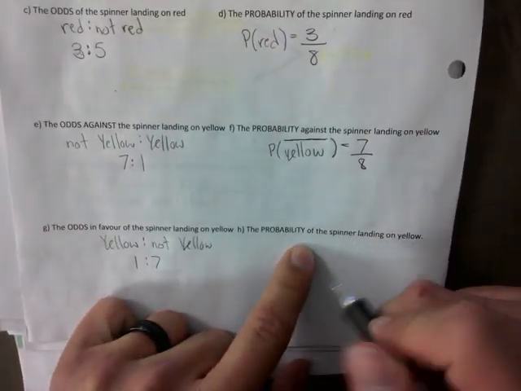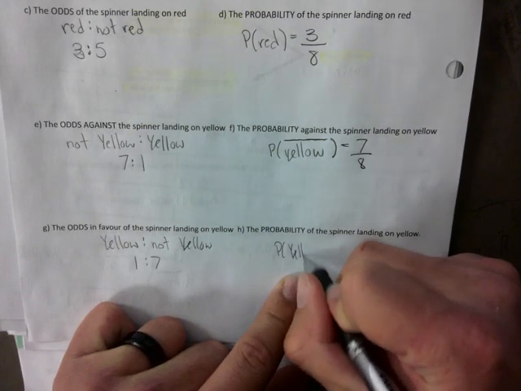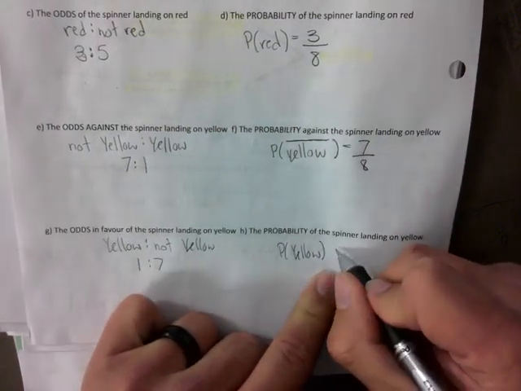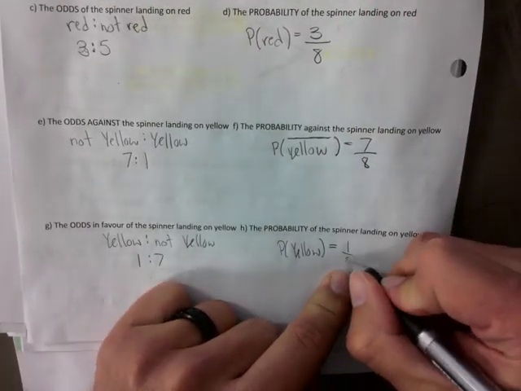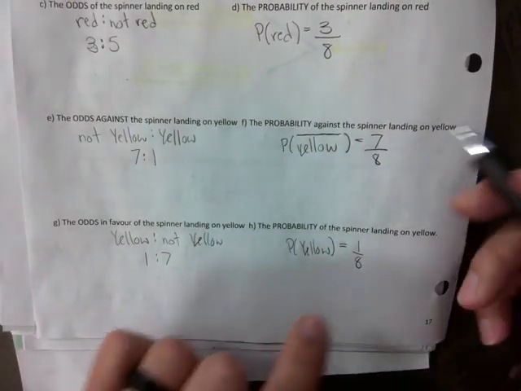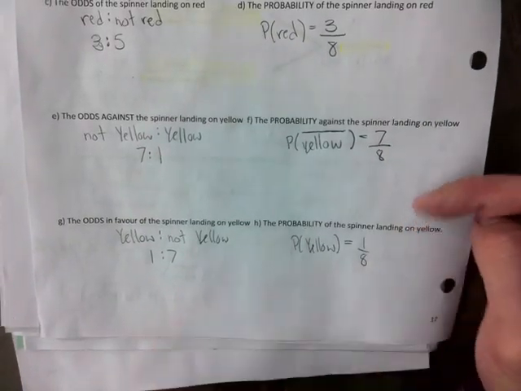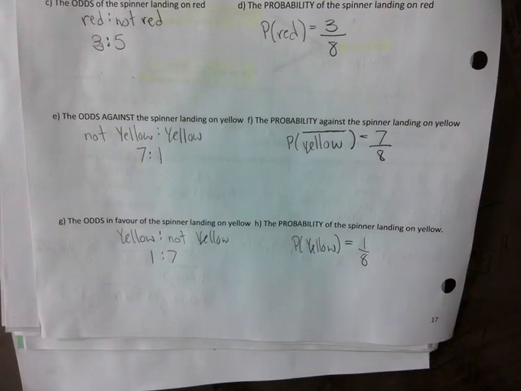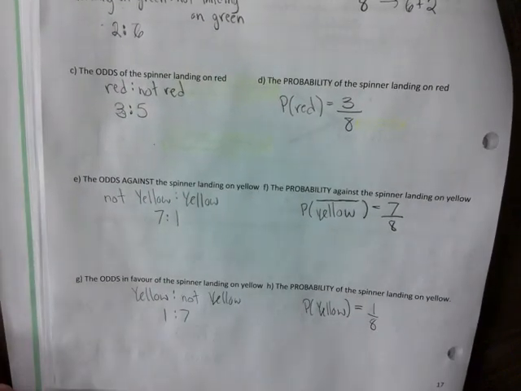And then the probability of the spinner landing on yellow, from the odds, we get 1/8. And we should see that these add up, which they do because they're complements of each other. So that's again converting odds to probability.